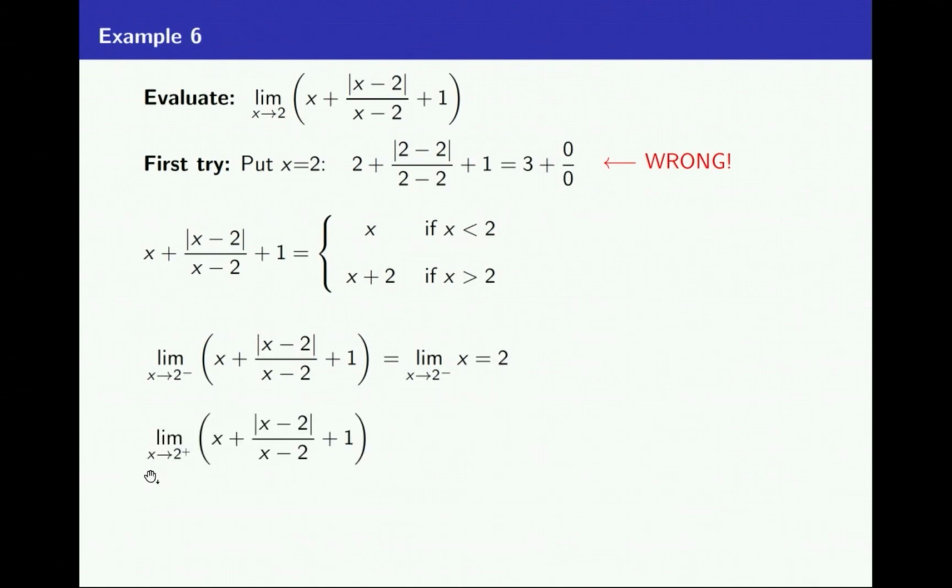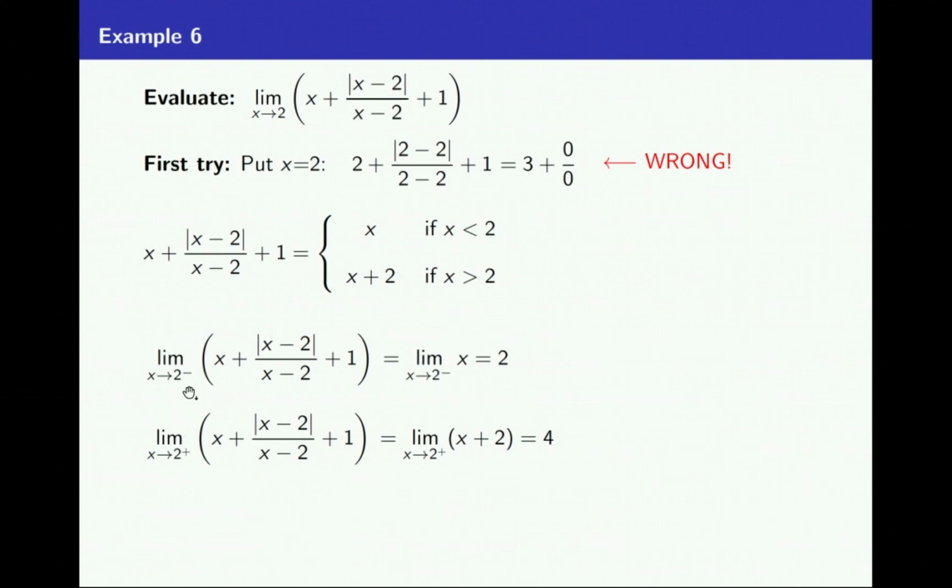But if we look at the right-hand limit, the limit as x approaches 2 from the right of our function, then x is greater than 2, so our function equals x plus 2, and we have the limit as x approaches 2 from the right of x plus 2. And this limit is equal to 2 plus 2, or 4.